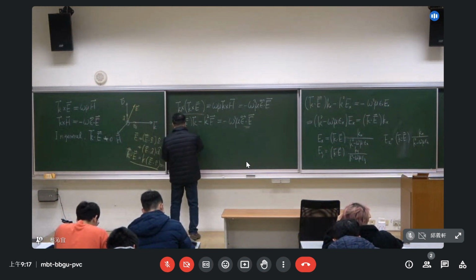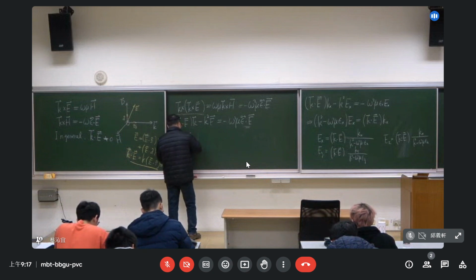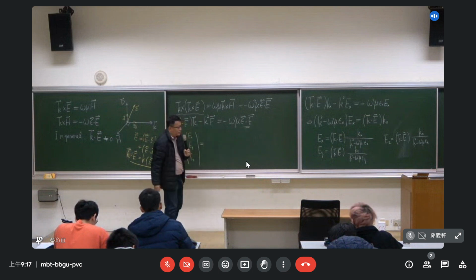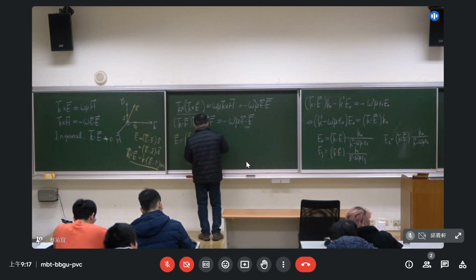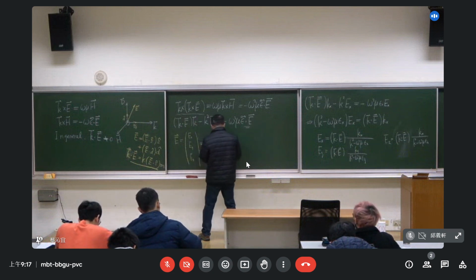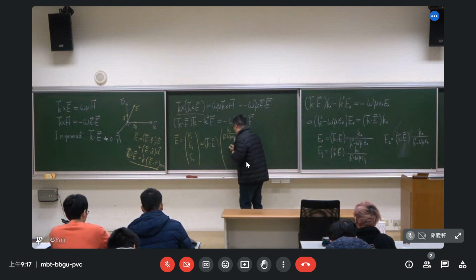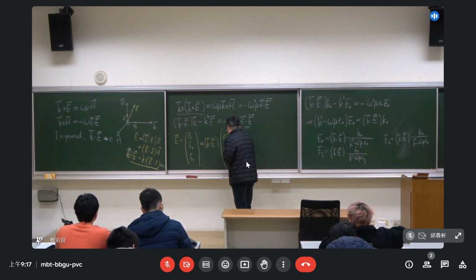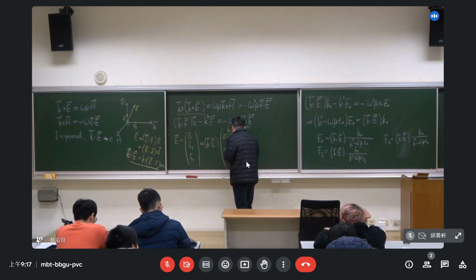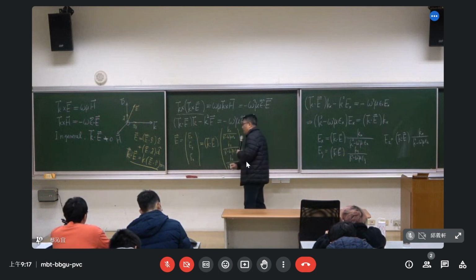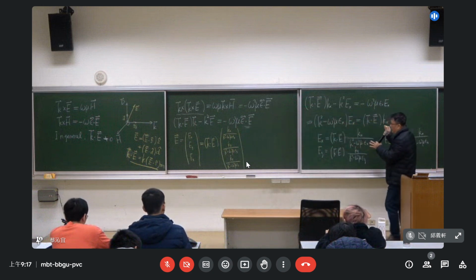The E vector is simply written as this column matrix, given by this expression: kx over k squared minus omega squared mu epsilon x, ky over k squared minus omega squared mu epsilon y, and kz over k squared minus omega squared mu epsilon z, in the principal axis system.